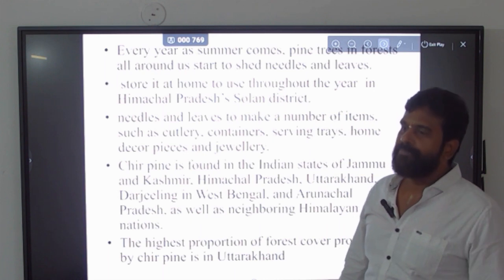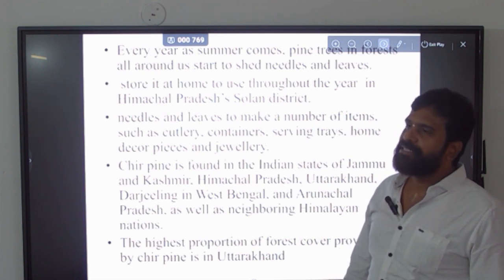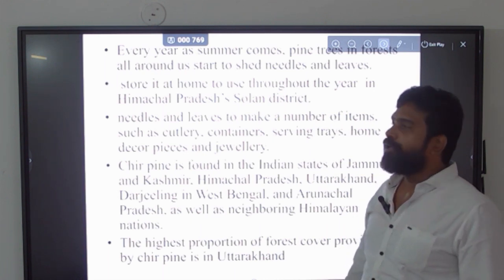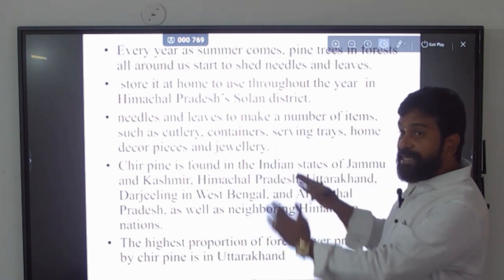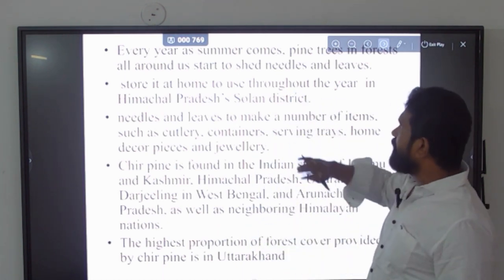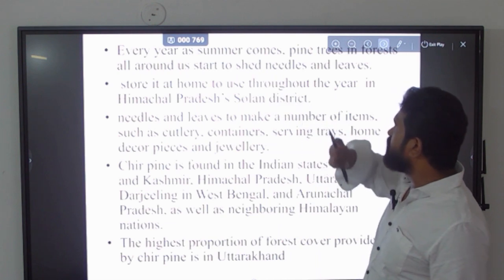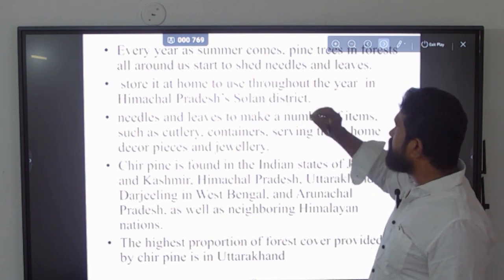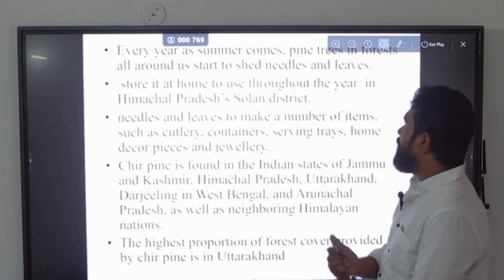That is the regular season. But on the Himalayan mountains, you have coniferous trees. That is a temperate climate. There, only in the summer season, the pine trees shed their needles and leaves.